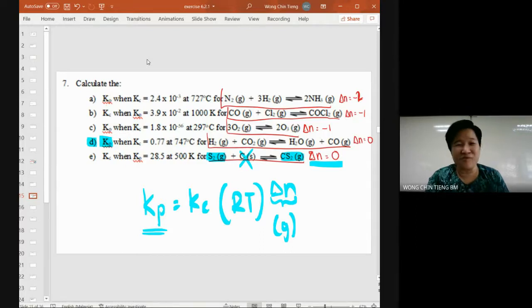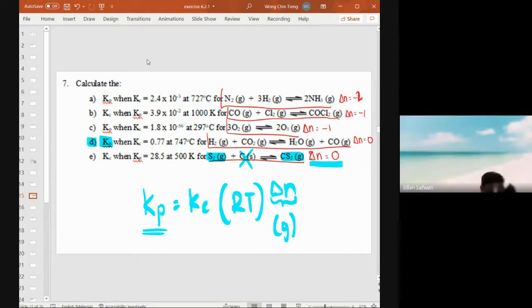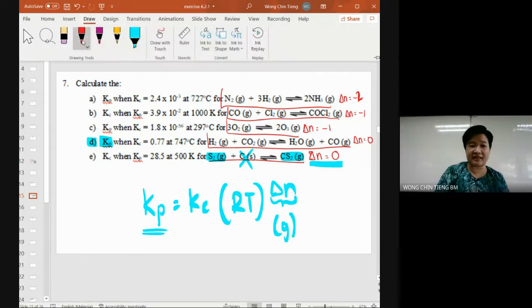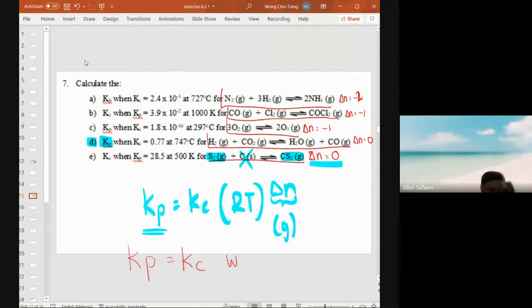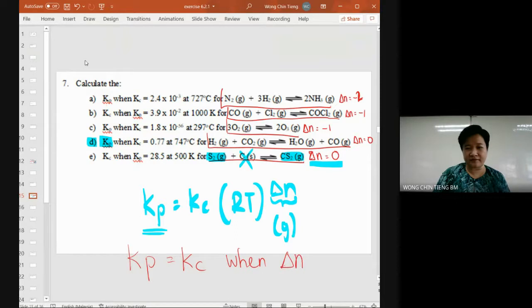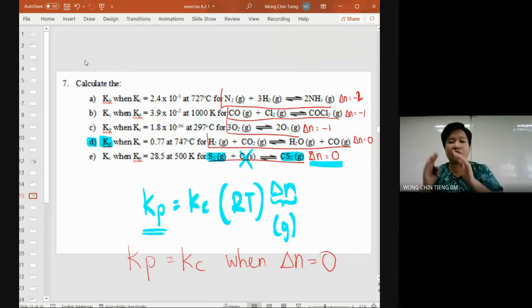Anybody can tell Aiman why I can get the Kp straight away? Kp is equal to Kc. Why is Kp equal to Kc in this case? Because delta N equals 0. Anything to the power of zero gives 1. So (RT) to the power of zero becomes 1. So when delta N equals 0, ladies and gentlemen, Kp equals Kc, no need to calculate.